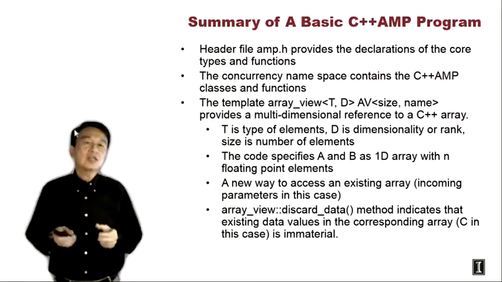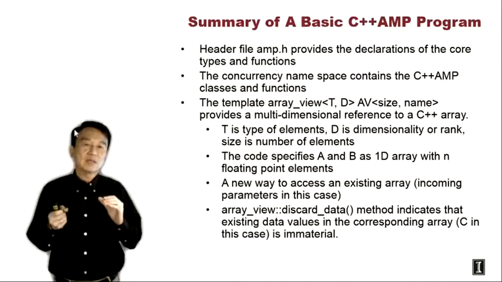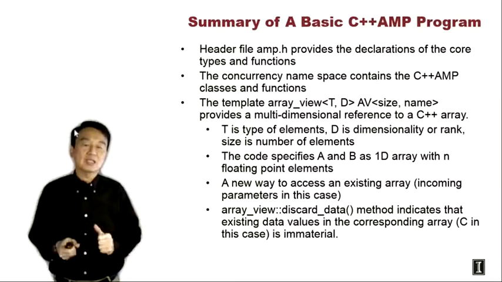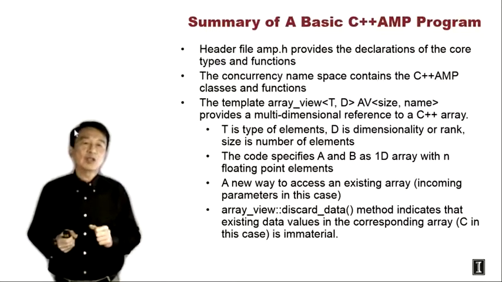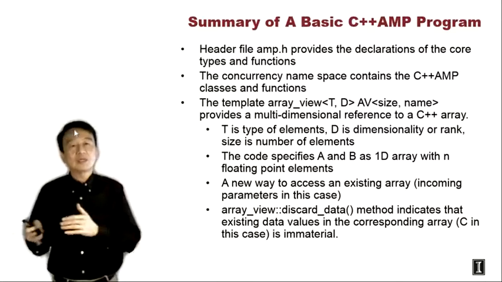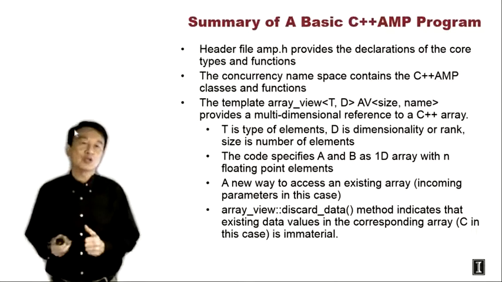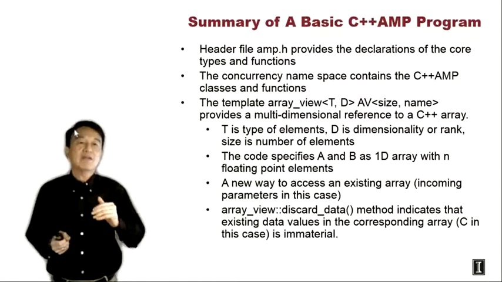Here are some important explanations of that C++ AMP code. The header file amp.h provides the declaration of the core types and functions, and this is similar to the cuda.h file. The second one is that the concurrency namespace contains the C++ AMP classes and functions.